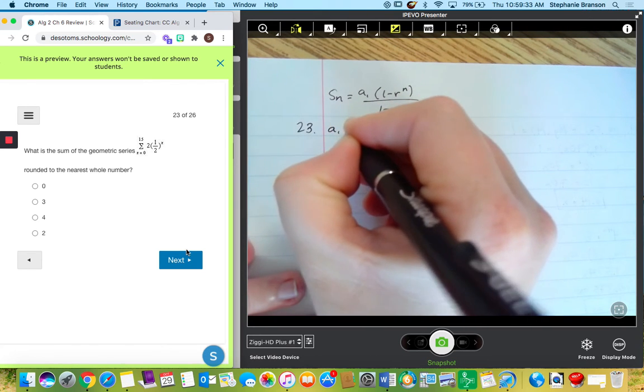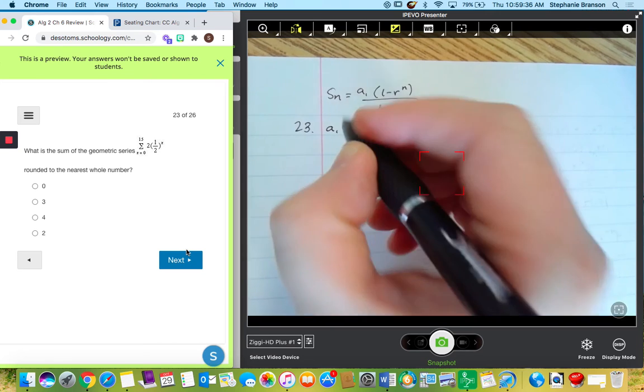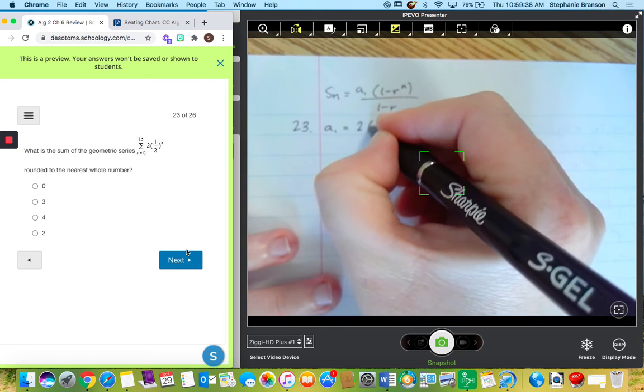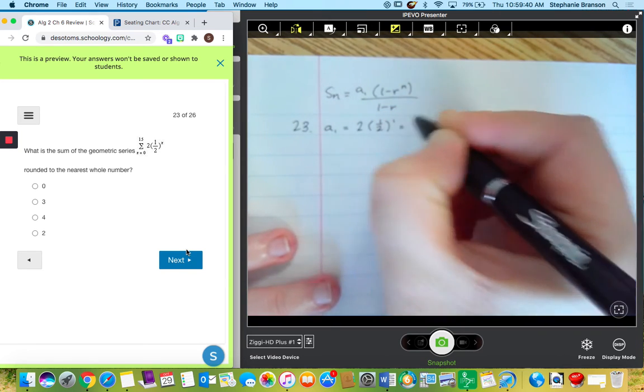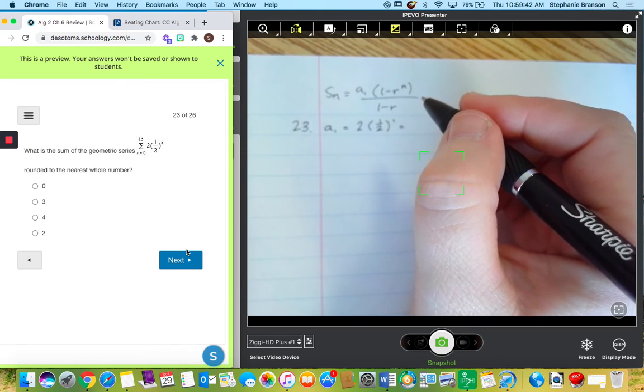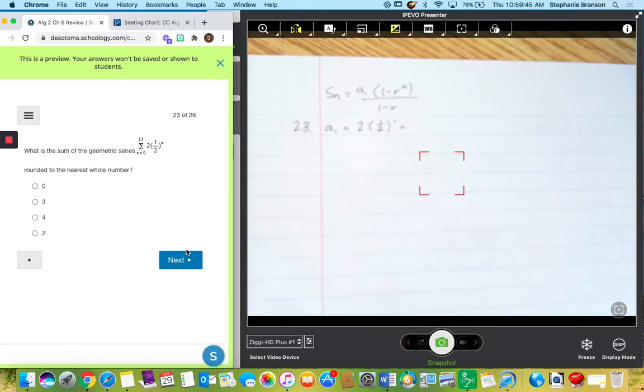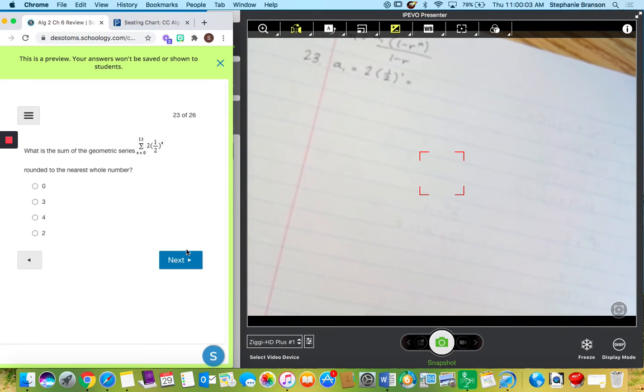So we're going to figure out what a sub 1 is now. 2 times 1/2 to the first power.